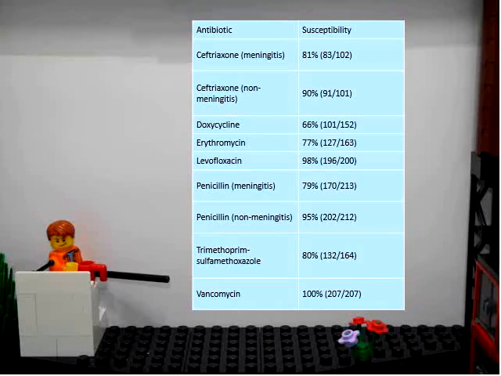Currently in central and northern Alberta, the resistance to penicillin hasn't been as much of a problem, and certainly, as you can see with non-meningitis dose of penicillin, we still have a fairly high level of sensitivity to that. In other parts of Alberta, particularly in southern Alberta, the resistance to penicillin is significantly higher and much more worrisome. Fortunately, vancomycin still remains the go-to drug of choice, especially when you're dealing with more serious infections.